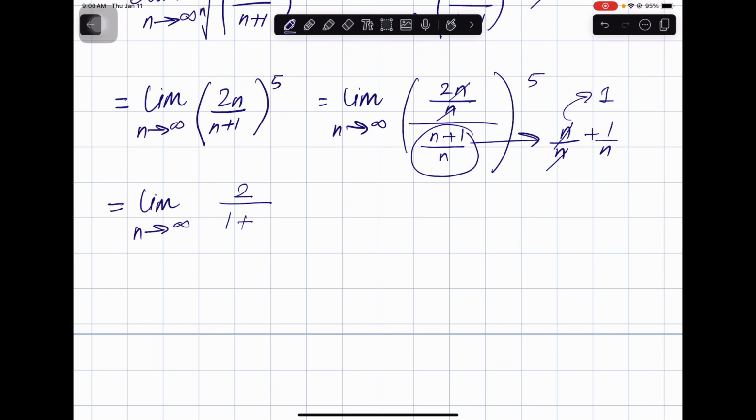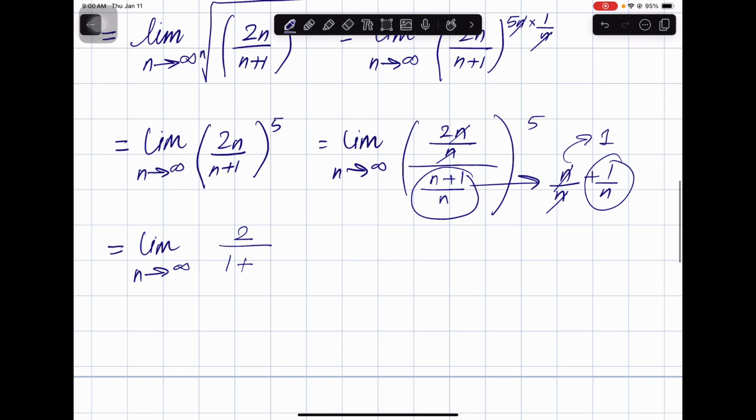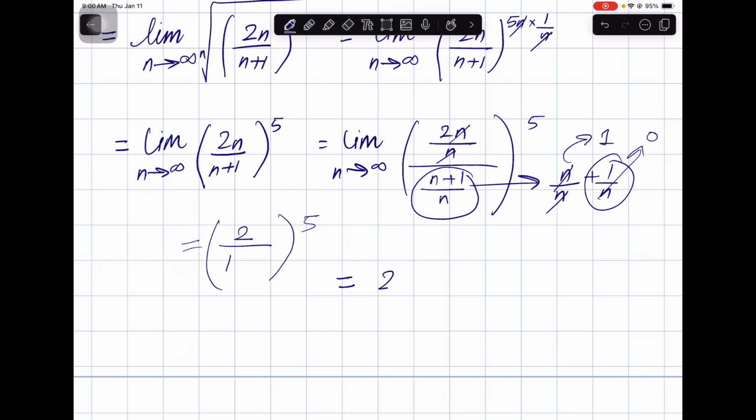So what you can write is 2 over 1 plus 1 over n, which when n tends to infinity is 0. Since you already substituted the value of n, you should be removing this. So it is equal to 2 to the power 5, which is equal to 32.